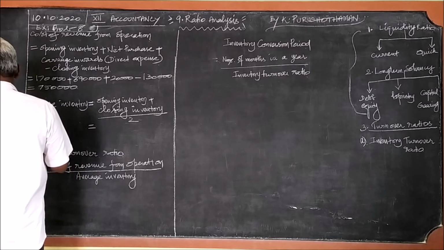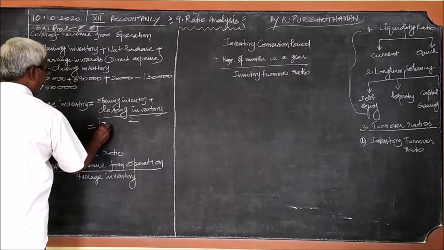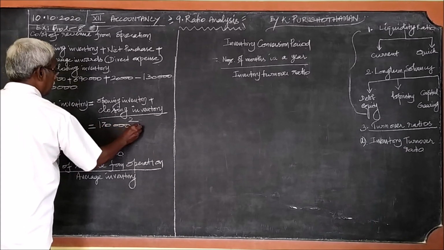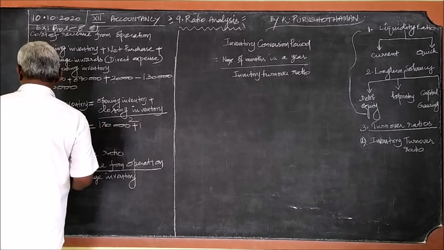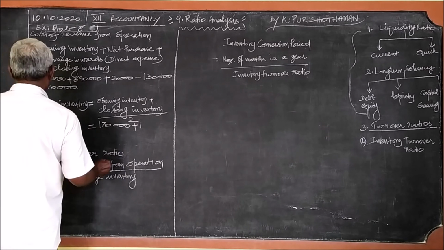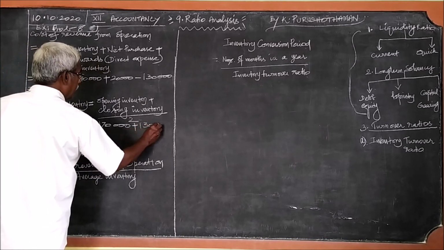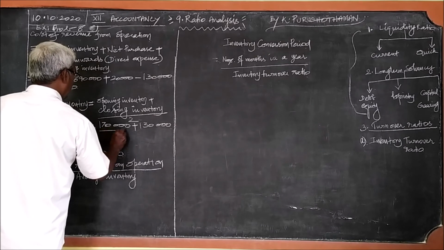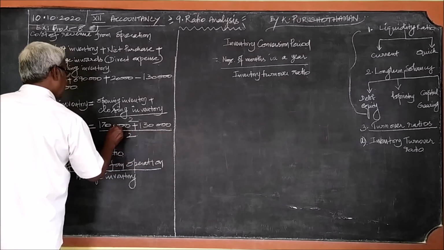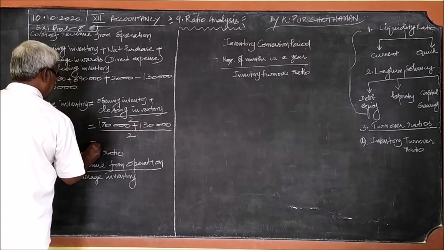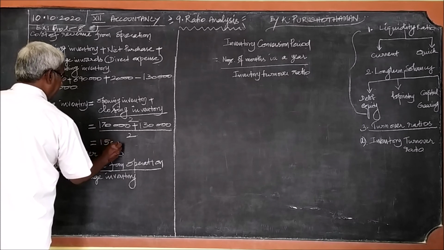Opening inventory 1,70,000 plus closing inventory 1,30,000, that is inventory at the end of the year, whole divided by 2. This is 3 lakhs divided by 2, 1,50,000.